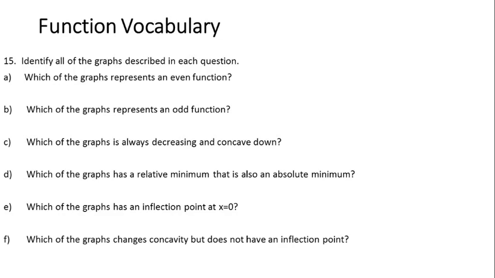So question A says, which of these graphs represents an even function? Now remember, an even function is when I can substitute in a negative x and the result that I get out is the same function value I get when I substitute in that same x but on the positive side. What that looks like graphically is that we end up with y-axis symmetry.